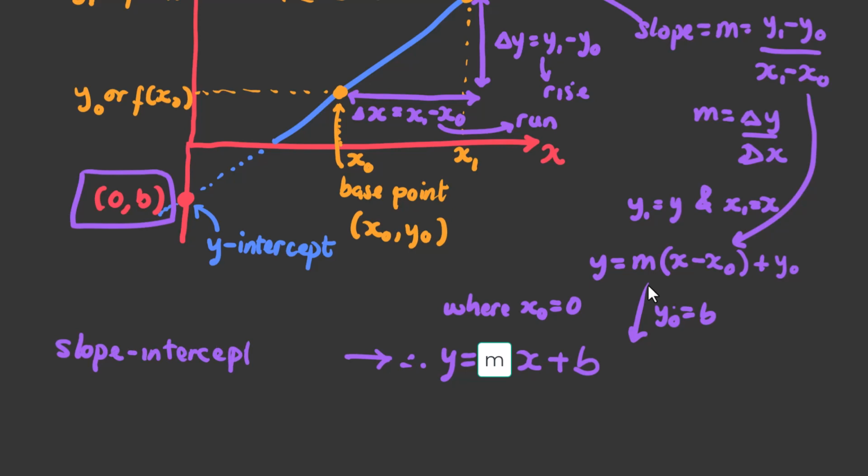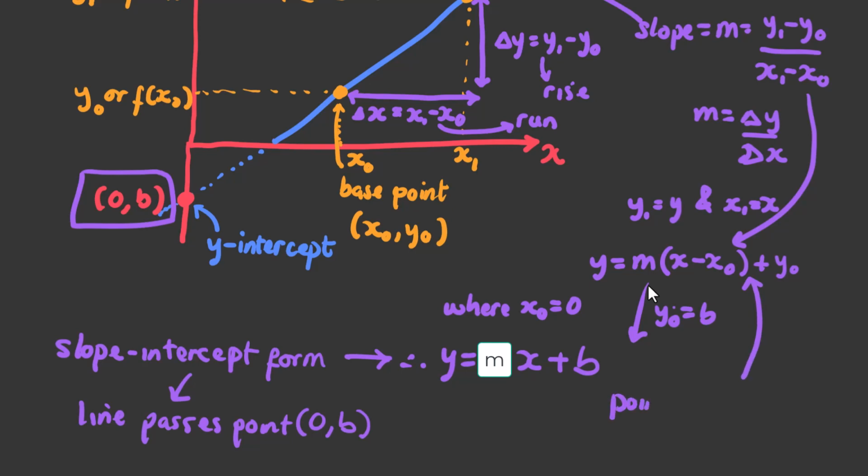It is crucial for us to understand that this comes from when our line passes through the point (0, b), where b can be any number lying on the y-axis, while the other expression that we just stated is your point-slope form.